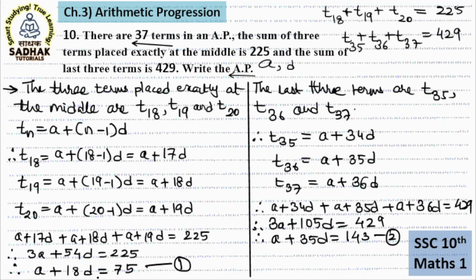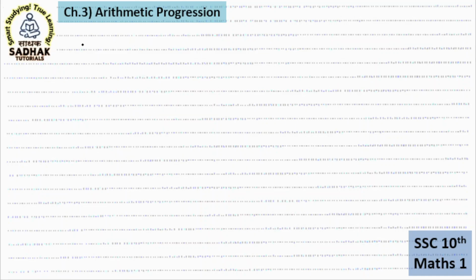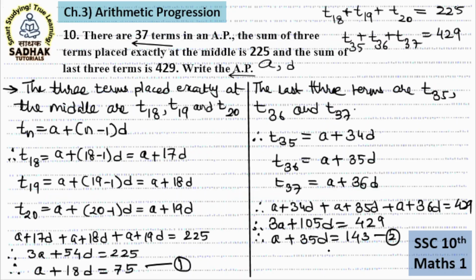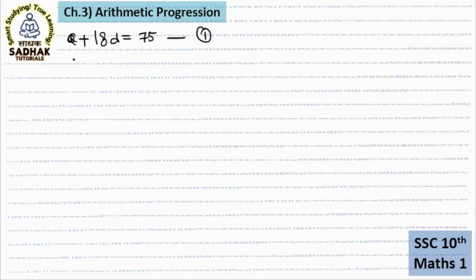That A plus 18D is equal to 75. That is our equation number 1. The second equation is A plus 35D is equal to 143. So that is the second equation.